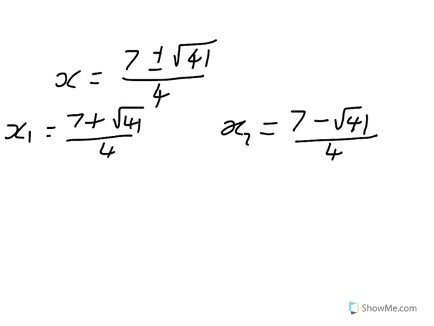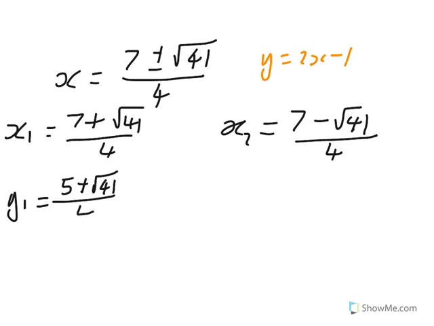Then when we substitute that into one or the other of those equations, you might substitute it into that, it's probably the easiest one, you get y1 is 5 plus root 41 on 4, and y2 is 5 minus root 41 on 4.